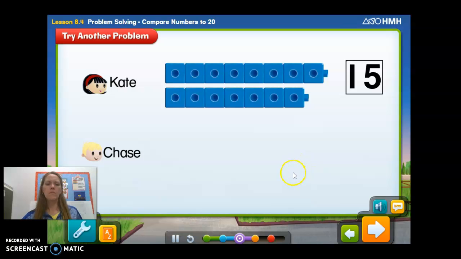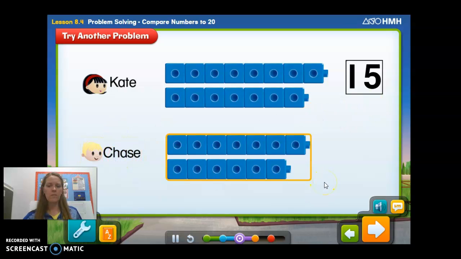Now, let's model Chase's apples. Chase has 2 fewer apples than Kate. So remember, fewer means less. What is 2 less than 15 or 2 fewer than 15? Here are Chase's cubes. Select the number that shows how many cubes Chase has.